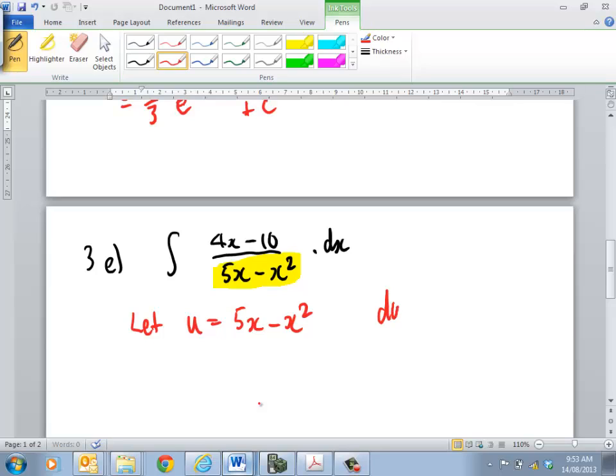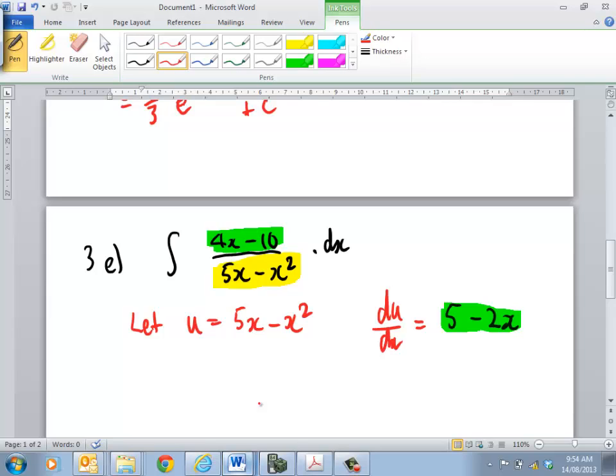Alright, du dx is equal to 5 take 2x. Now, what you have to do is recognise that there as pretty well being that term there, isn't it? Can you see that? You can do it down this way here, you can just find a technique that works for you. What would I need to times this by in order to get that term up there?